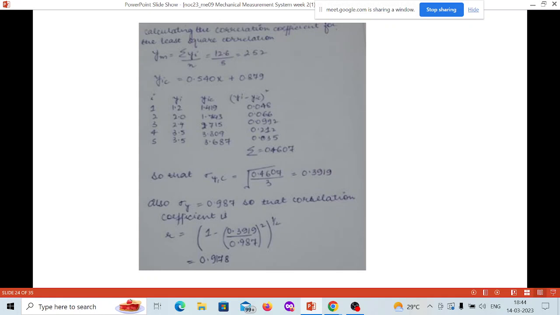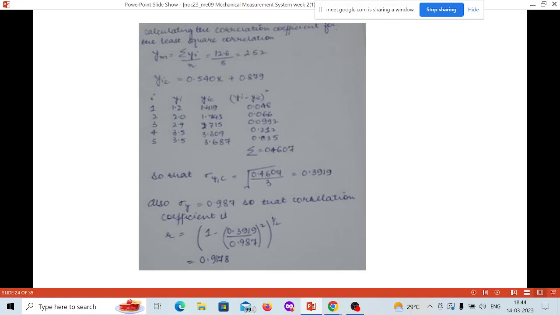The summation of all this, and then divide by n minus 1. If we do that, we'll get sigma y square. In this case, the root of that will give you sigma y, which is 0.987.